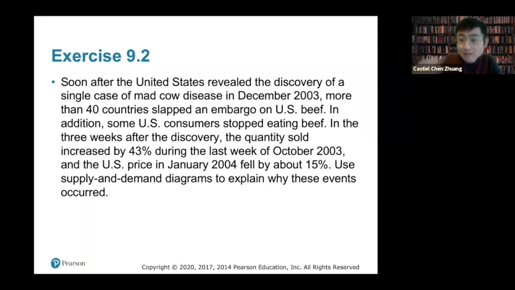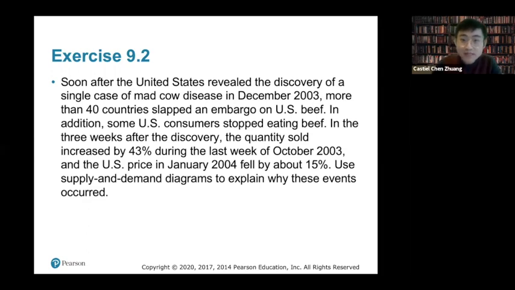Then we can kind of draw the graphs. But then the eventual effect is that the quantity sold increased by 43%, and the price fell by about 15%. So the final effect is that the equilibrium quantity is higher, but the equilibrium price is lower.